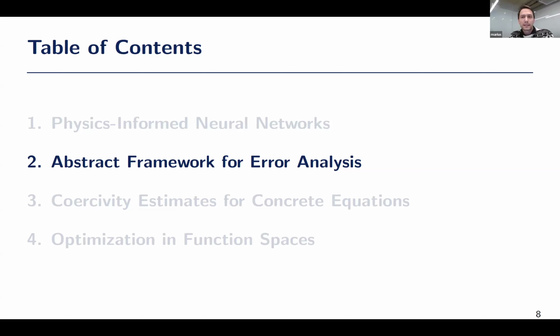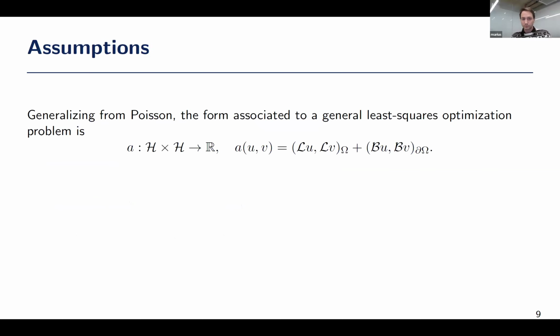So let's get into the framework, the abstract framework that we have to analyze these types of problems. And if you remember in the introduction with the Poisson equation, I mentioned the form A, that was a bilinear form that had a Laplacian here instead of L, and which had just the Dirichlet boundary value from the trace.